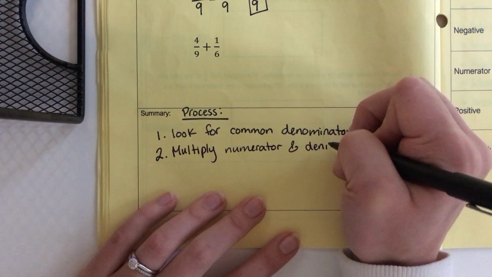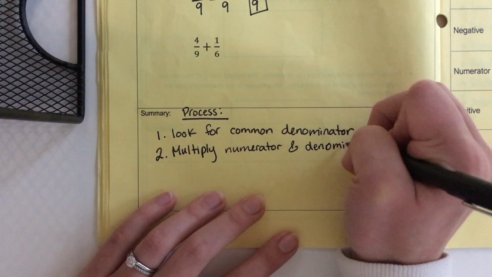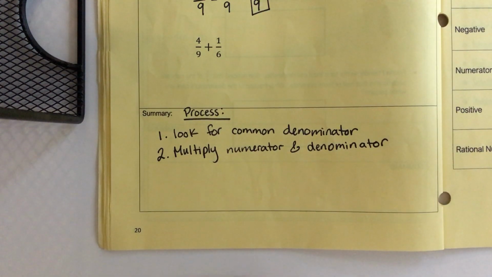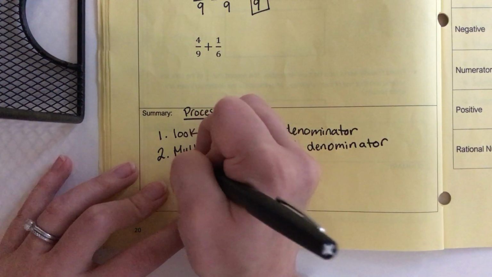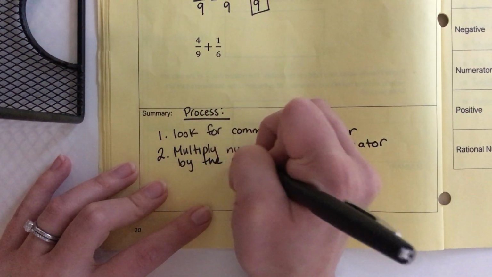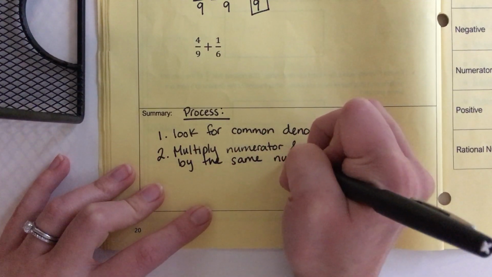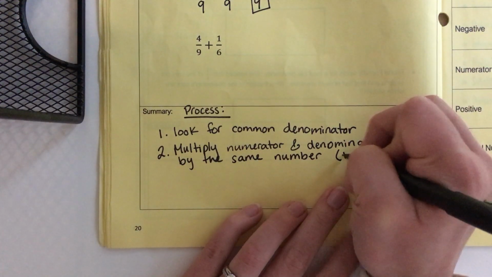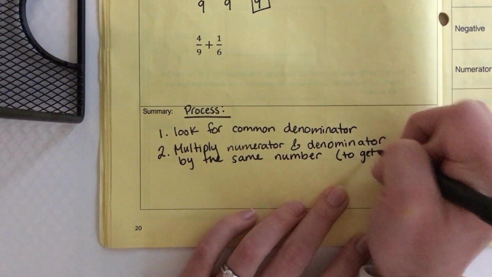Denominator. There we go, denominator. Multiply the numerator and the denominator by the same number. And remember, this is to get the common denominator.